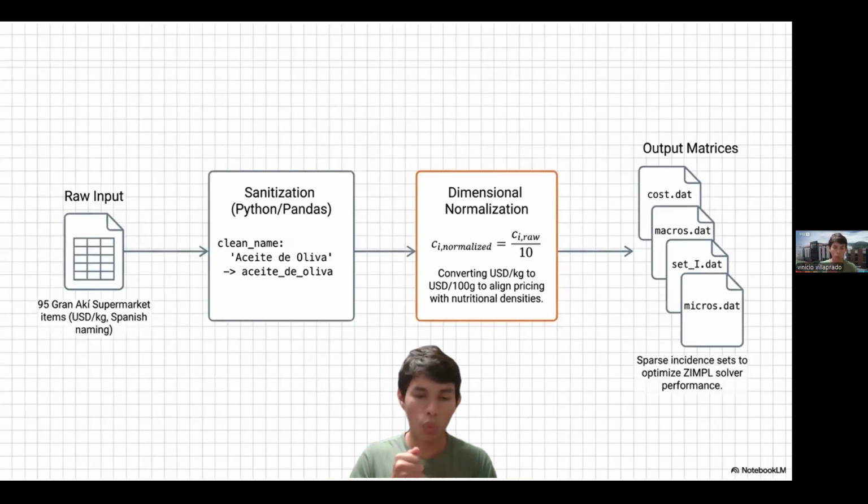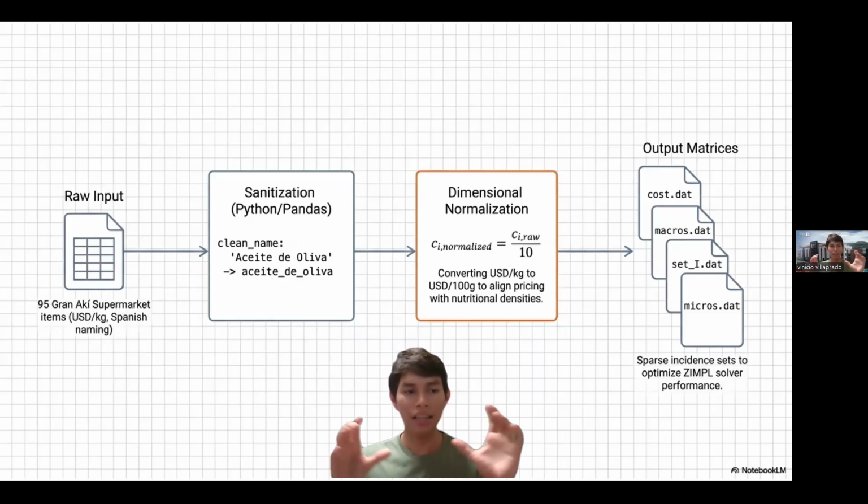Then this dataset went into a Python code. This Python code does three things. First, sanitization. For all the names in the dataset, it concatenates them into one name with underscores. If it says aceite de oliva, then it concatenates everything with underscores.